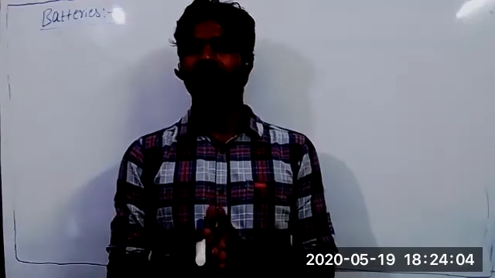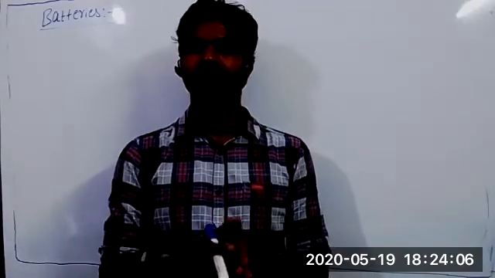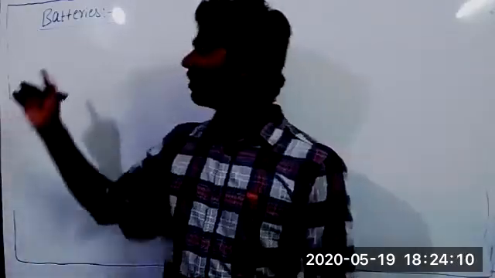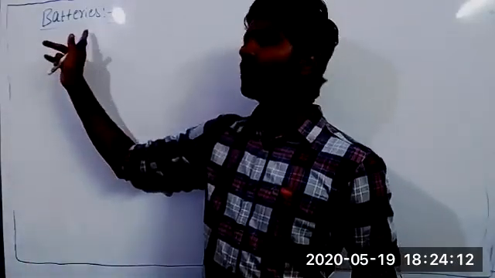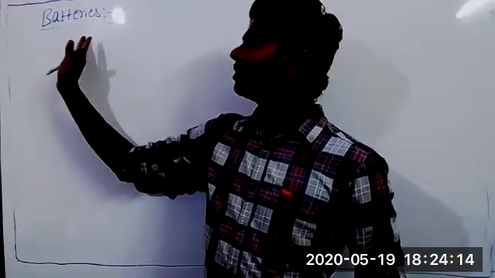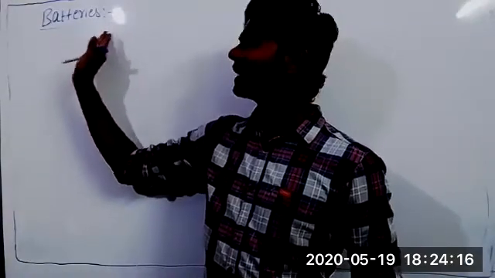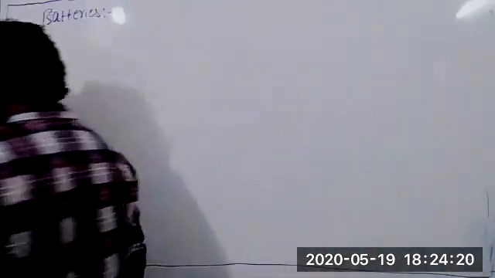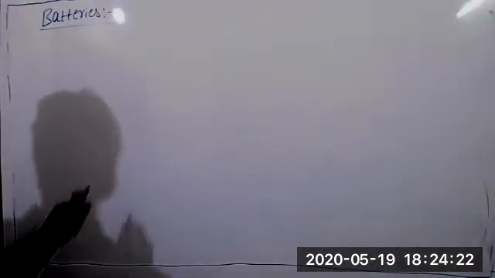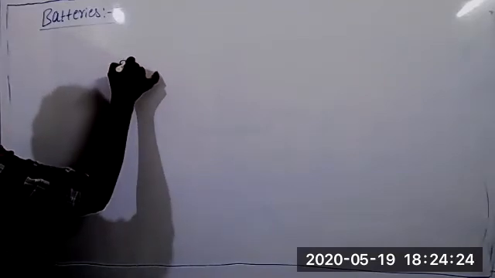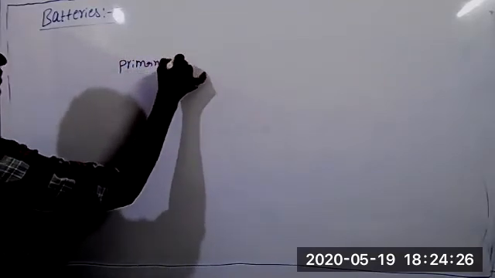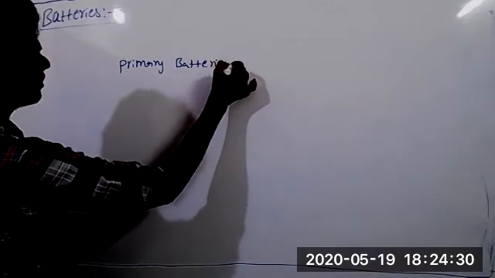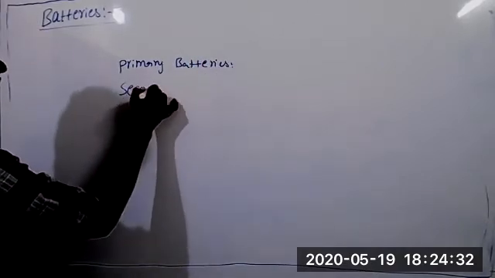A galvanic cell is a cell which converts chemical energy into electrical energy. In batteries, one or more galvanic cells are connected in series. That gives a battery. Batteries are of two types: primary batteries and secondary batteries.